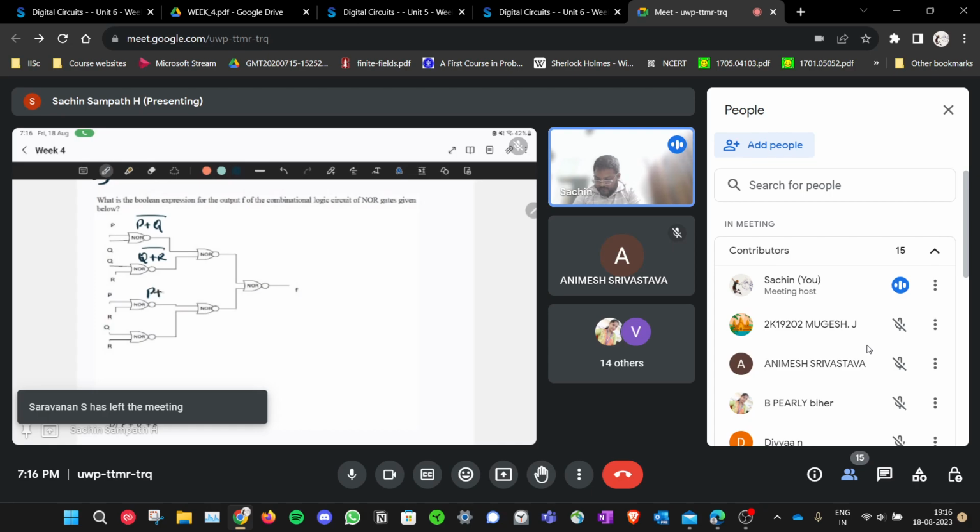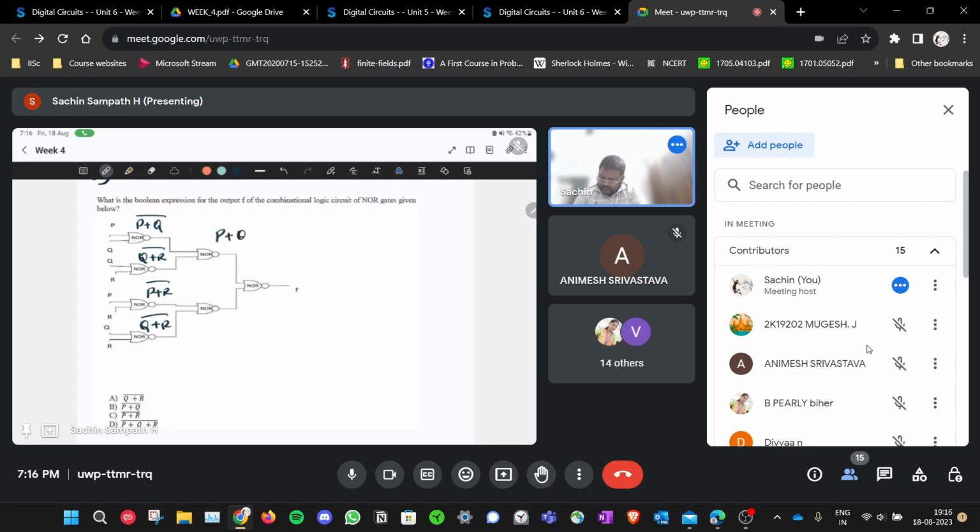This is P plus R complement. Q plus R complement. This is this whole thing plus Q plus R complement, whole complement. Here you'll get P plus R complement plus Q plus R complement, whole complement.